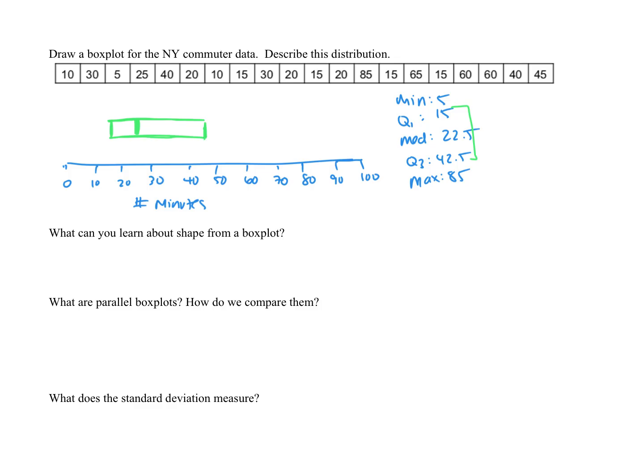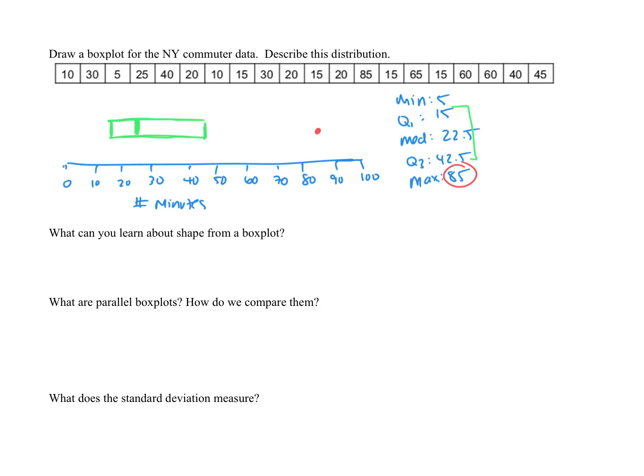You then have a whisker on the left, a whisker on the right. The whisker extends to the last observation that is not an outlier. So we already showed on the previous page that this 85 is an outlier. The way to show that is you put a dot there.